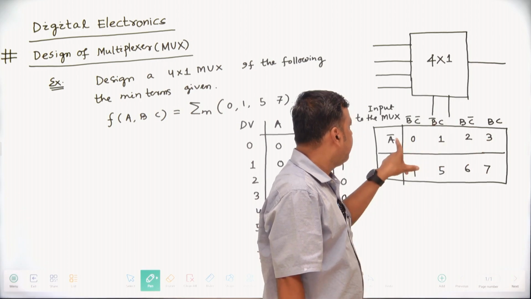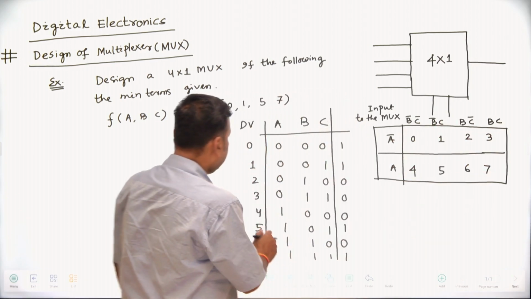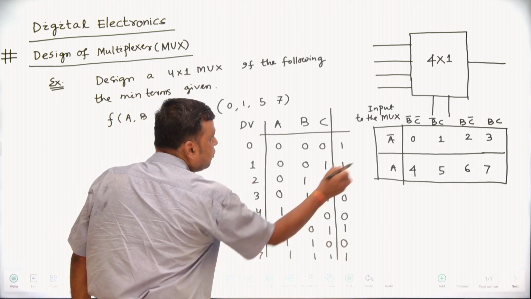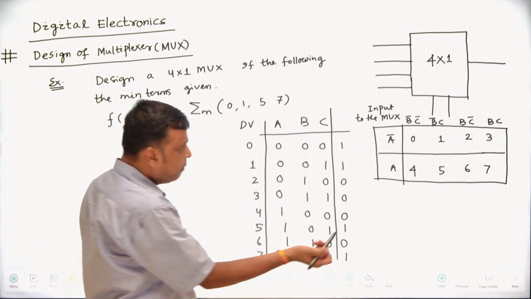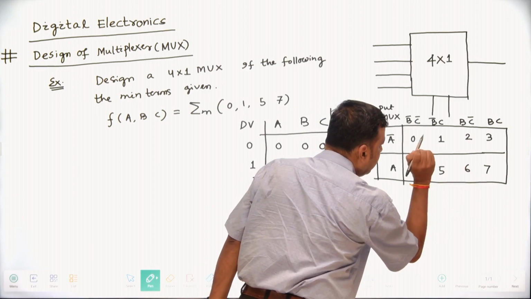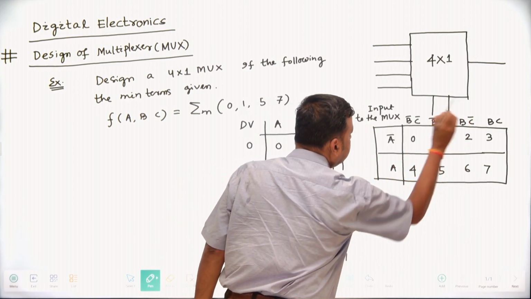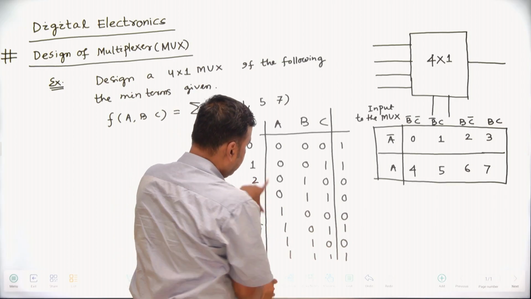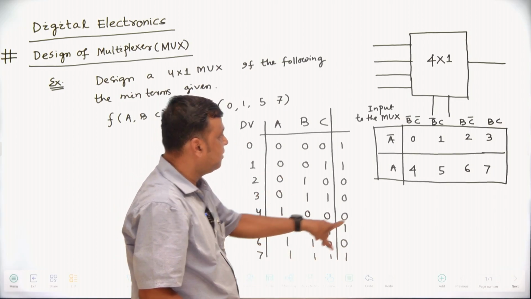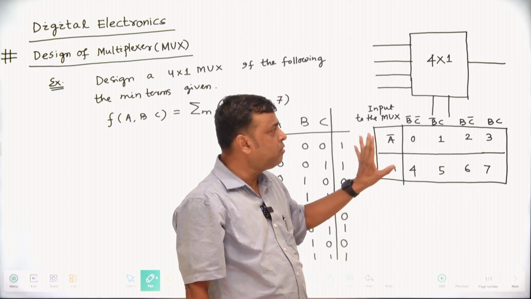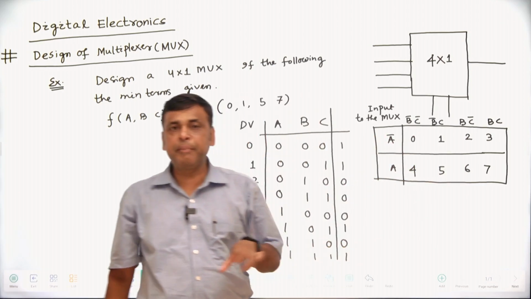Then A bar, B, C. Look at this, A bar into B into C is 3 or not? Any value, you can check it. Here A, B, C bar: look at this, A, B, C bar, is it 6 or not? So this is your implementation table.